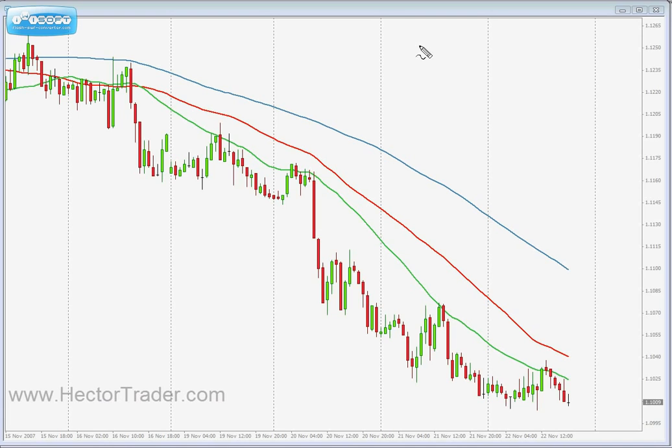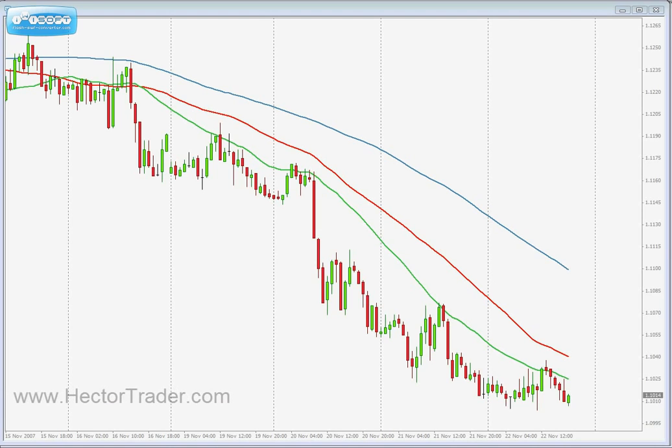Most of the time in trending markets, once we've determined that we are in a trending scenario, in this type of market conditions, most of the swings, at least in a healthy trend, are contained, or let's say they bounce off this area between the 30 and the 50 moving average.